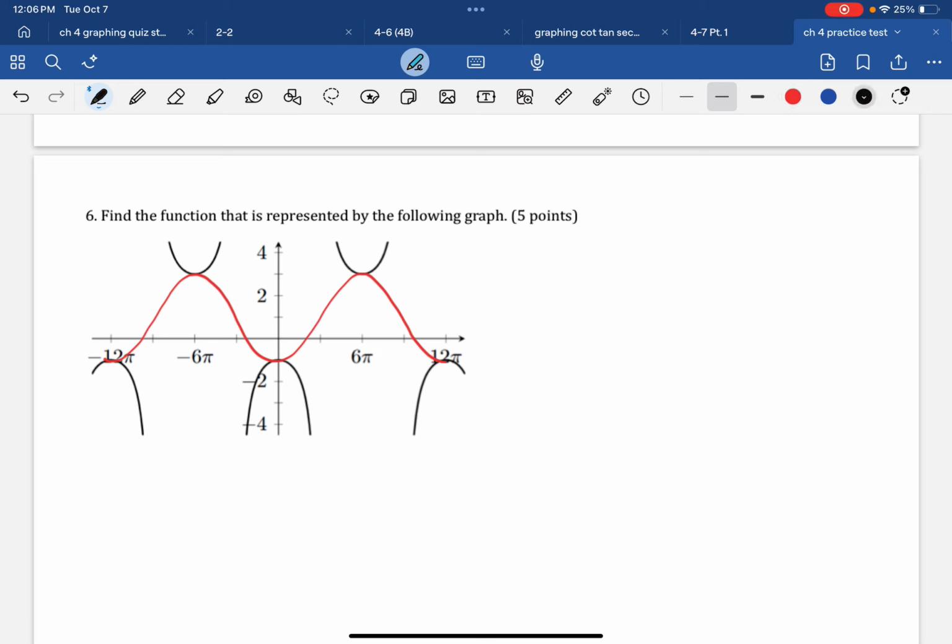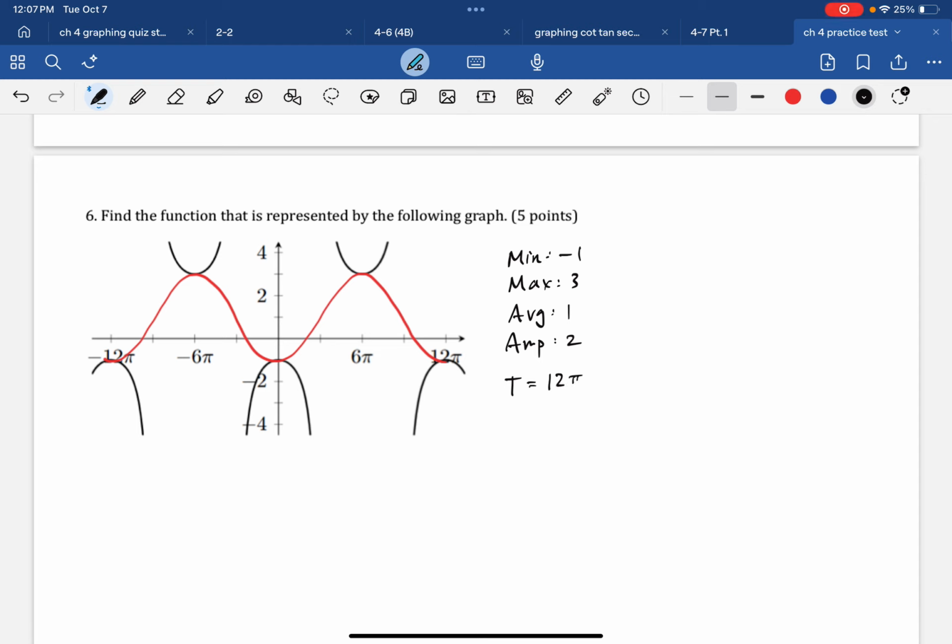So for this, what we know as a negative cosine function, for this graph, the minimum is -1, and the maximum is 3. So that tells us that the average is 1, and the amplitude is 2. Next, I know that the period is 12 pi, or the distance between 2 dips or 2 peaks.